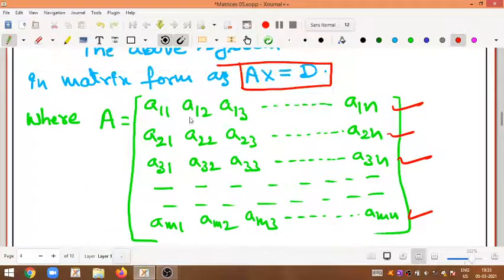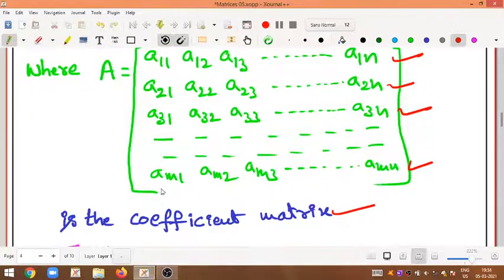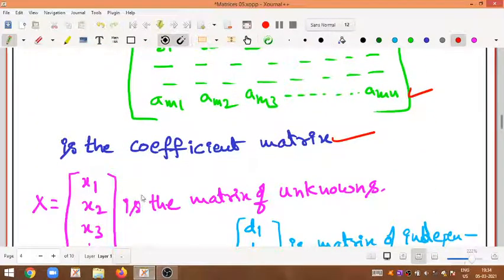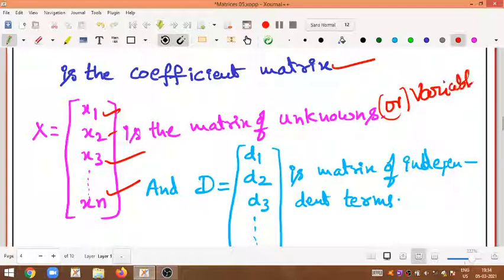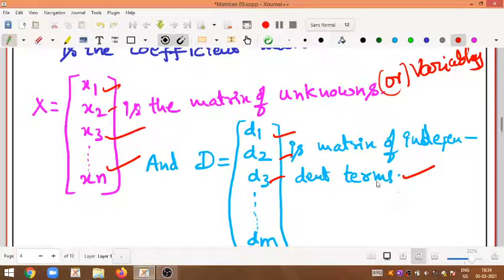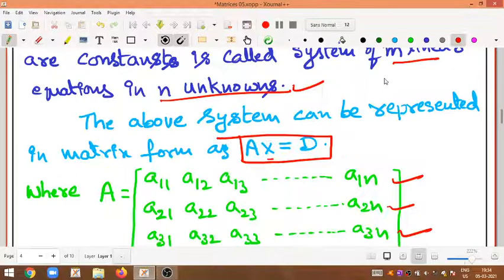As well as this capital X is nothing but the variable matrix or unknown matrix, x1, x2, x3, and so on, xn. Variables or unknowns. And this capital D is nothing but the constant matrix.